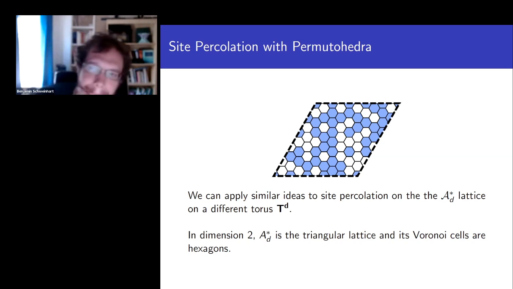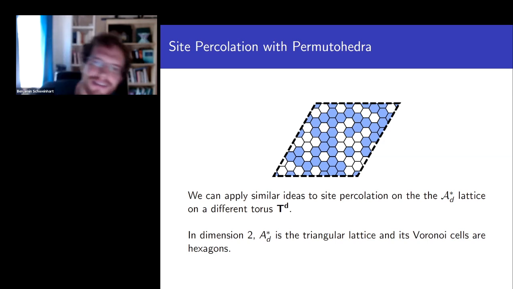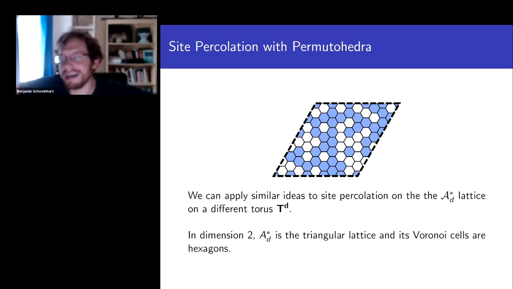You may recall from actually at the beginning of my talk last time, I said you can also prove that PC equals 1/2 for site percolation on the triangular lattice. You can view it as this so-called face percolation here, where we take these hexagons and open them independently with probability P. If we do that in the plane, our threshold for getting an infinite component is PC equals 1/2.